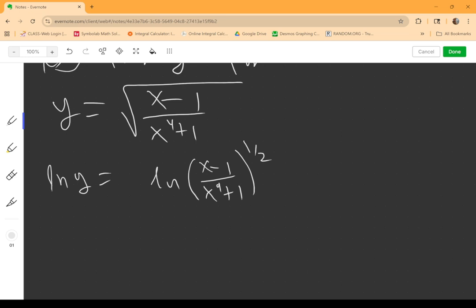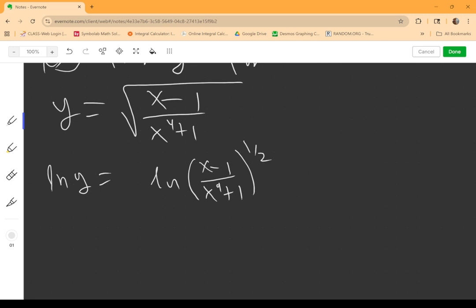The reason is that we have some very helpful properties for the natural log. It changes exponentiation into constant multiplication, and it splits division into subtraction. And that's going to be very helpful here.